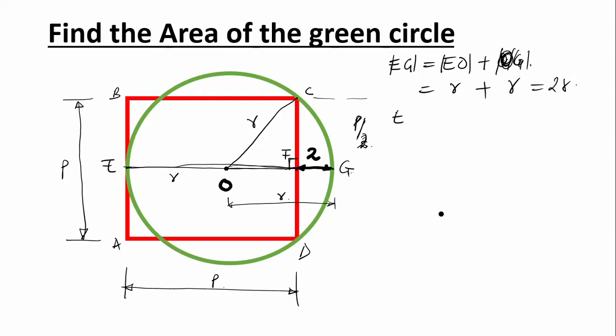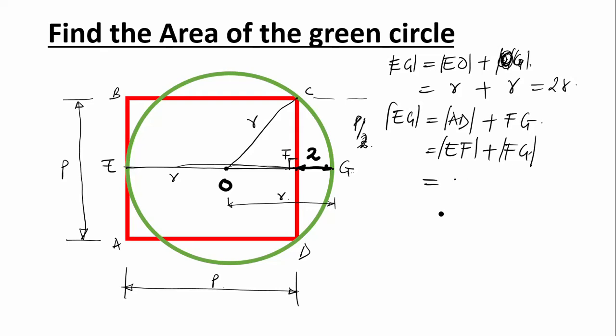And in another form, EG is the same thing as AD plus FG, or you say EF plus FG, because EF plus FG is the same thing as EG.